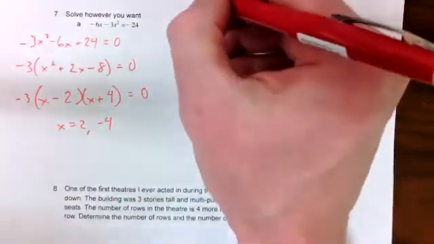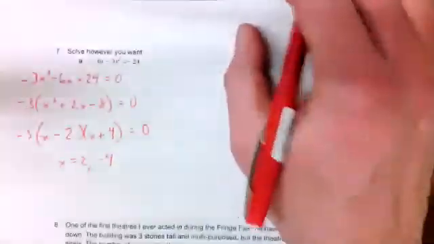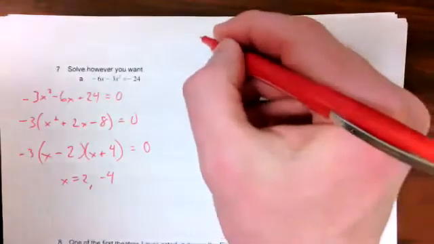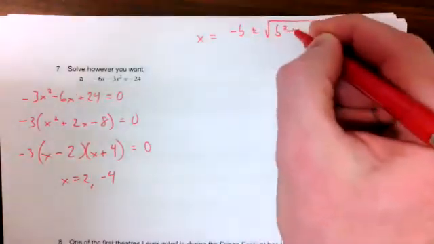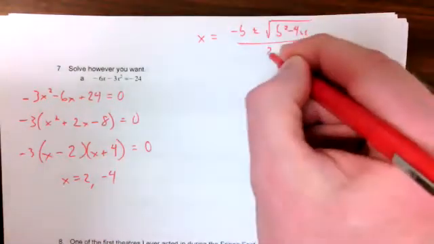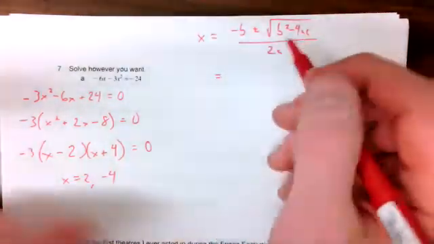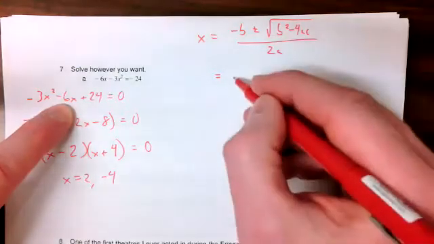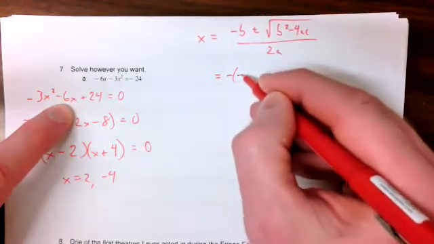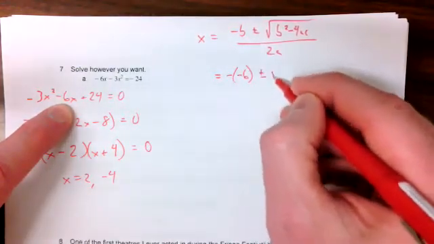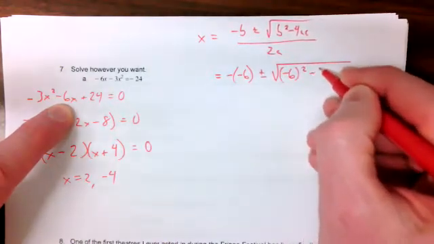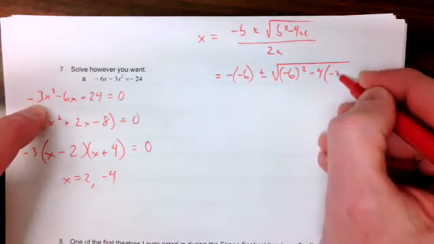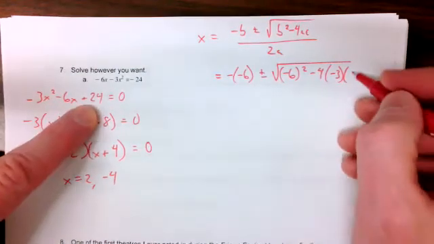Now, just to show you, is this even on the screen? Yeah. Just to show you quadratic formula, x equals negative b plus or minus the root of b squared minus 4ac all over 2a. B is negative 6, so negative negative 6, plus or minus the root of b squared, so it's negative 6 squared minus 4 times a, which is negative 3, times c, which is 24.